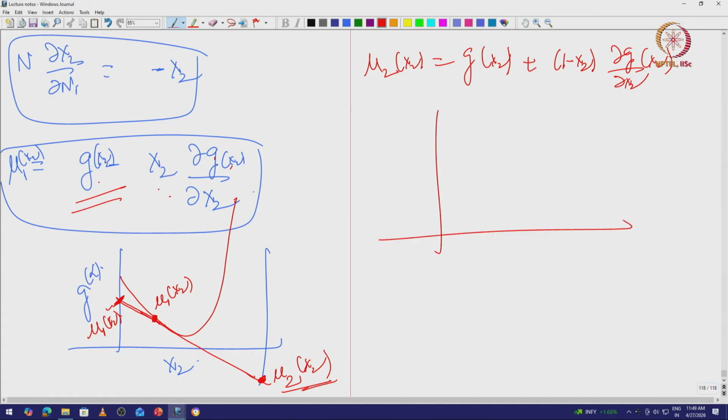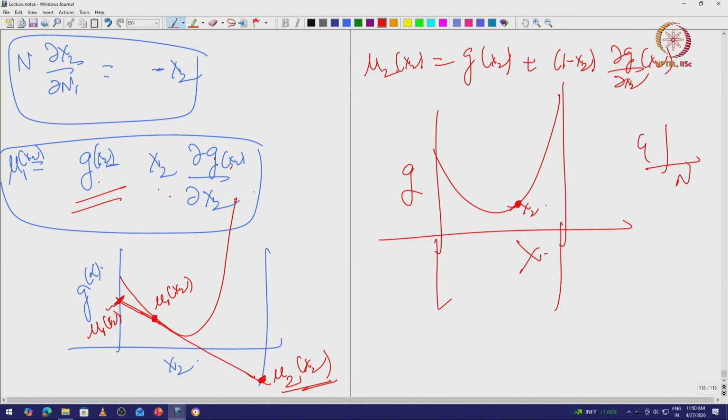So what I essentially have is that in a g versus x diagram, at any given x2, the mu's can be read off from the graph, but not simply as slopes. So earlier if I have a capital G versus n, then the mu will be dou G by dou n1 or dou G by dou n2 and so on and so forth.